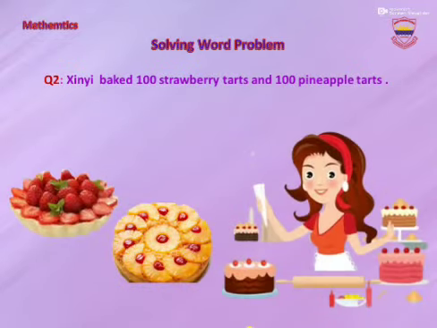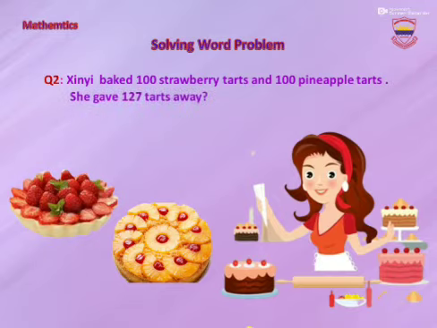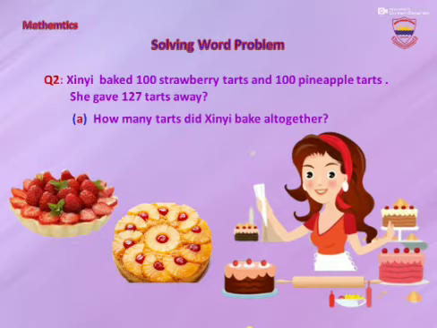Zini baked 100 strawberry tarts and 100 pineapple tarts. She gave 127 tarts away. In this statement, we have to find two parts. Look at the A part. A part is how many tarts did Zini bake altogether, and the B part is how many tarts did she have left.